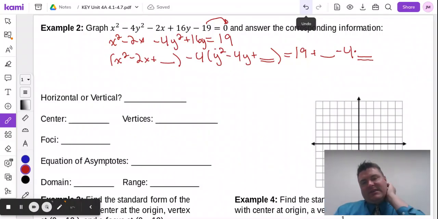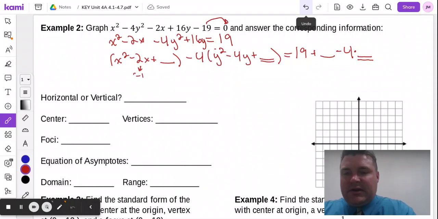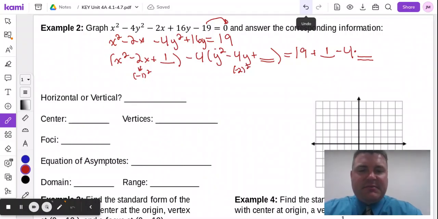And again, this kind of mirrors what we did for the ellipse in terms of completing the square here. So inside the x parentheses, half of negative 2 is negative 1, and we're going to square it, and that gives me a positive 1 here and there. And then for the double blank over there, we're going to go negative 2 and then square it because it's half the b term. That gives me a 4 there and there.